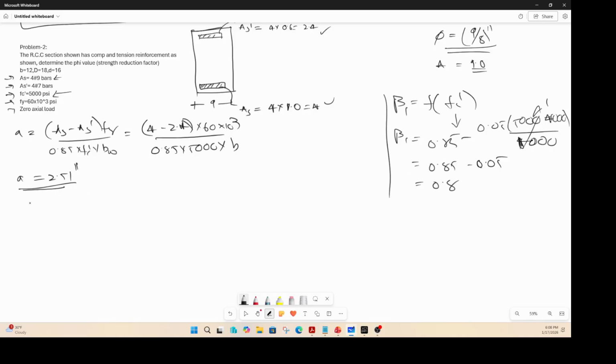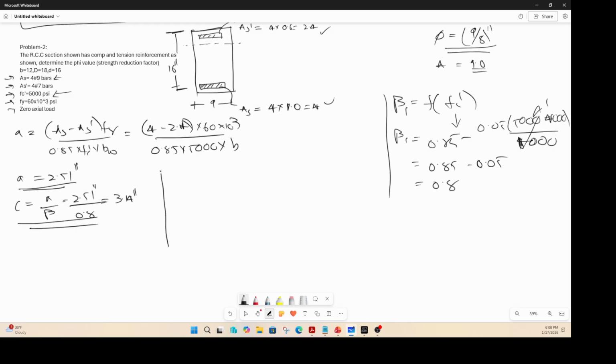So once you calculate your beta, then you come to c. c is a by beta, 2.51 inches by your beta 0.8. That is, you get your c as 3.14 inches. So if you think about it, the beam is from here to here 16 inches, but your depth of neutral axis is somewhere there, right?